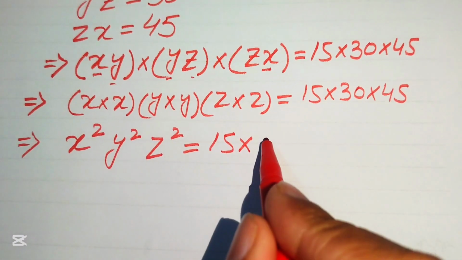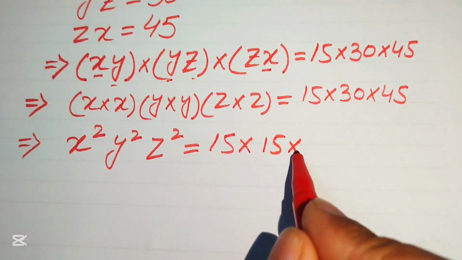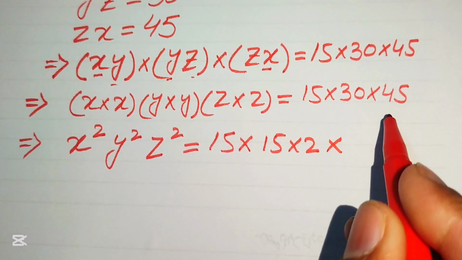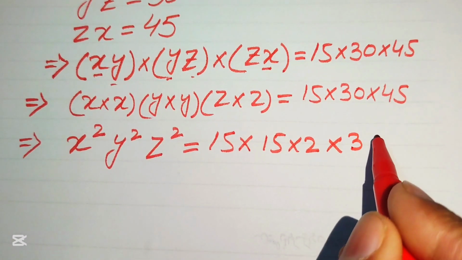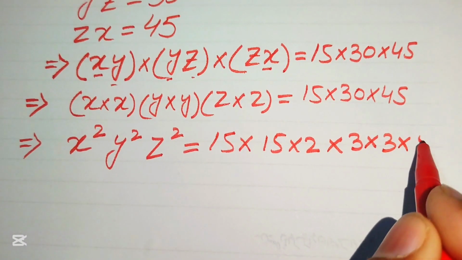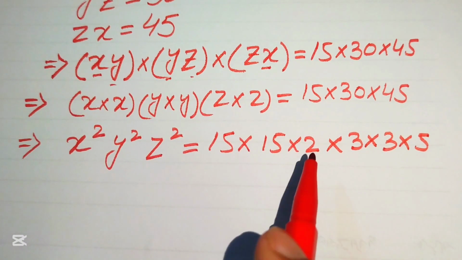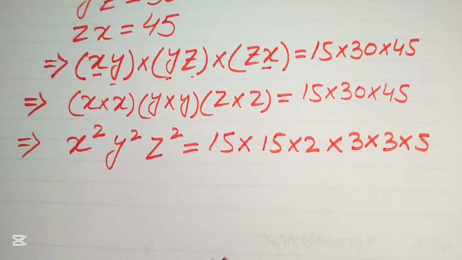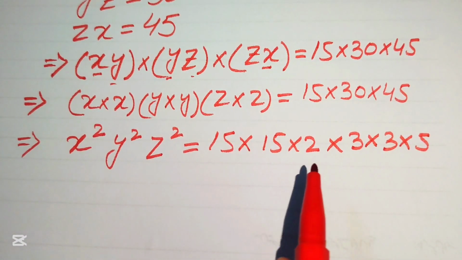We know that 30 is written as 15 times 2, and similarly we write this 45 as 3 times 3 is 9, 9 times 5 is 45. It means that we will break these three values into factor form.